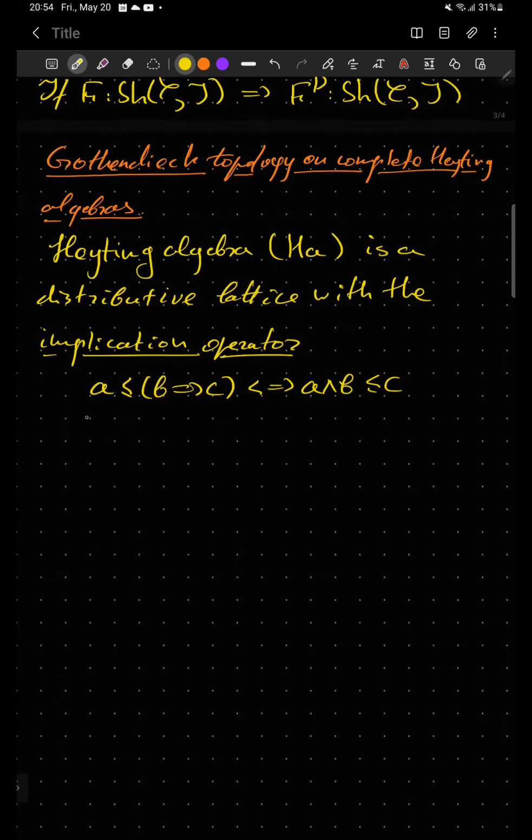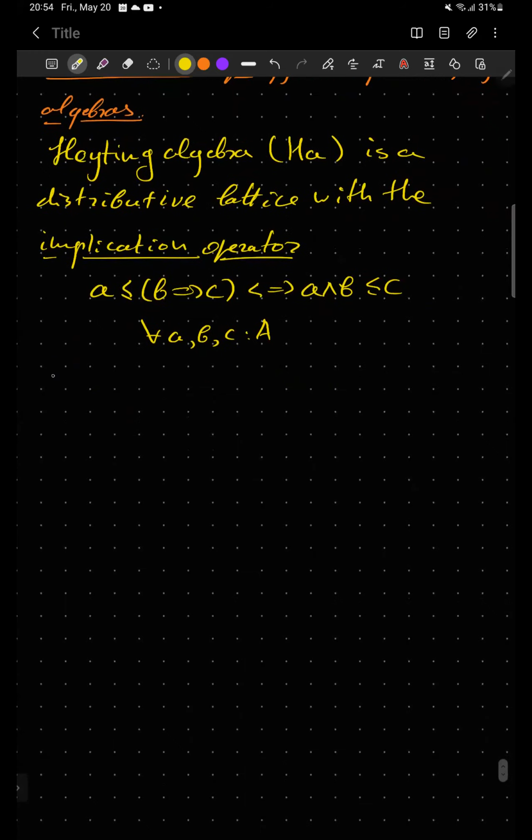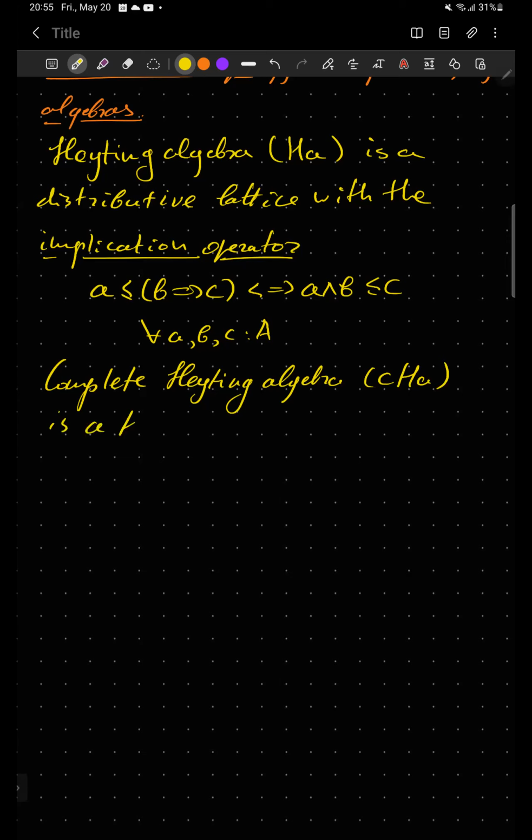So we have the condition that A is less or equal than B implies C if and only if A and B is less or equal than C. A complete Heyting algebra, or CHA, is a Heyting algebra complete as a lattice.